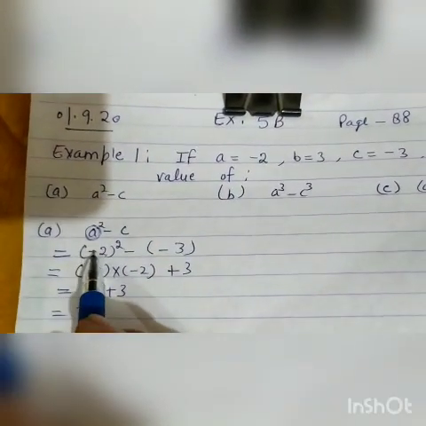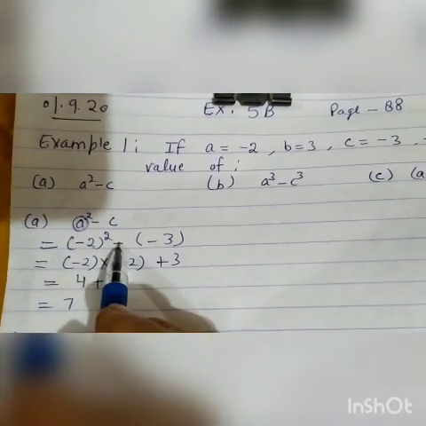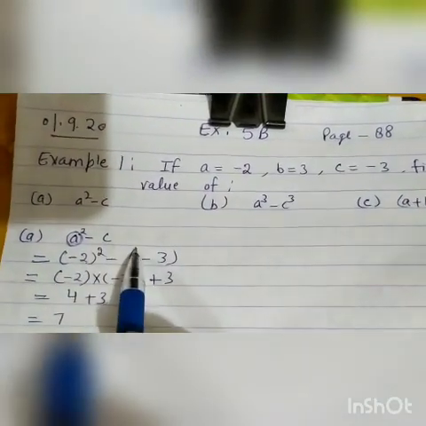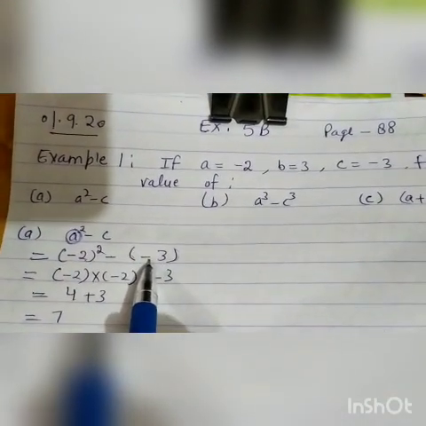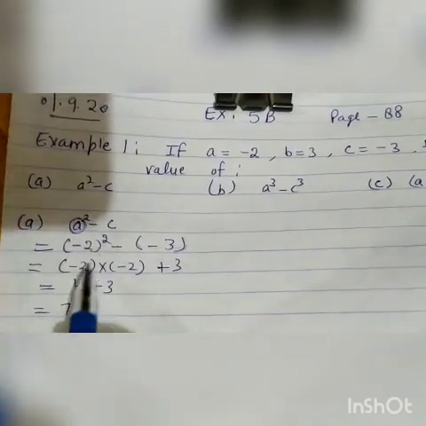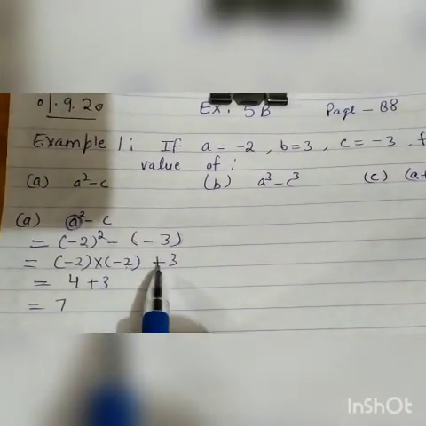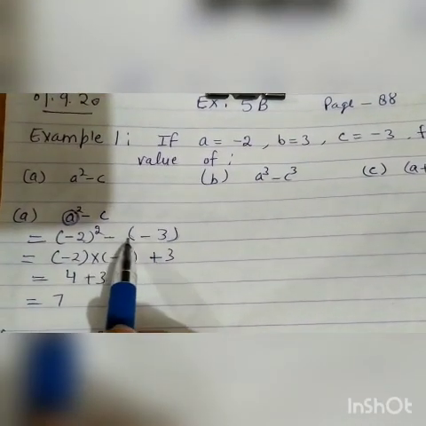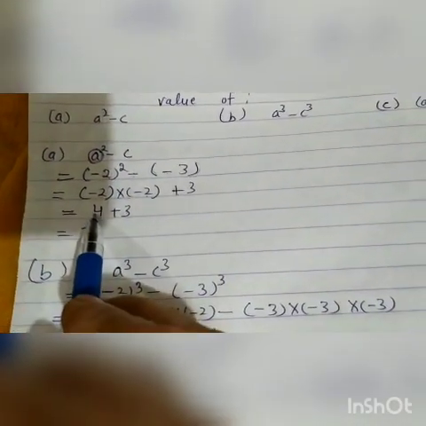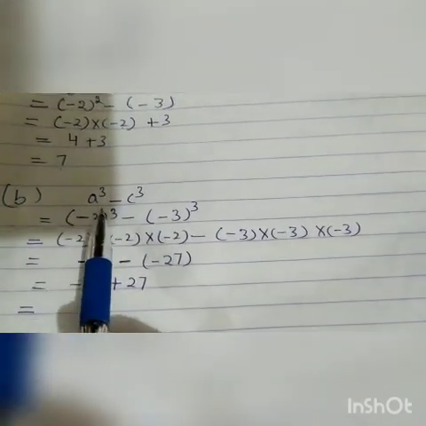We will write minus 2 within brackets, then this square, then this minus, and the value of c is minus 3, within this bracket. So minus 2 whole square means minus 2 into minus 2. Then this minus 3 will become plus 3 because outside of this bracket there is a minus sign. Now 2 twos are 4, plus 4 plus 3. 4 plus 3 is 7.